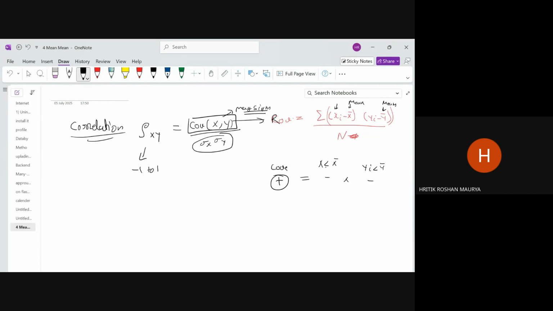And if both are greater than their means, then multiplying them, the value will be positive itself. So the positive range, -1, 0, and 1. This positive range comes when both are on the same side of their means.